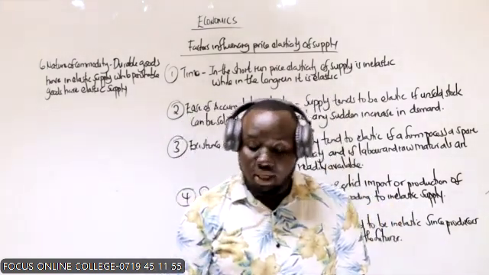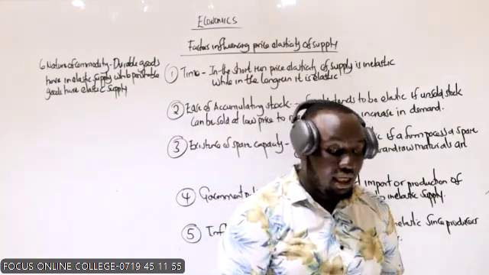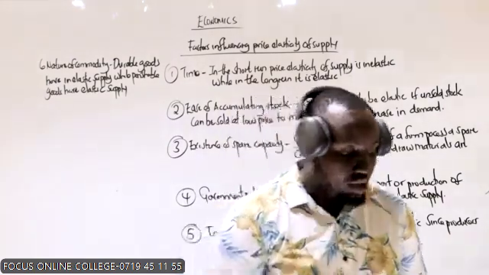Together, perishable goods have what we call elastic supply. We respond with a yes.